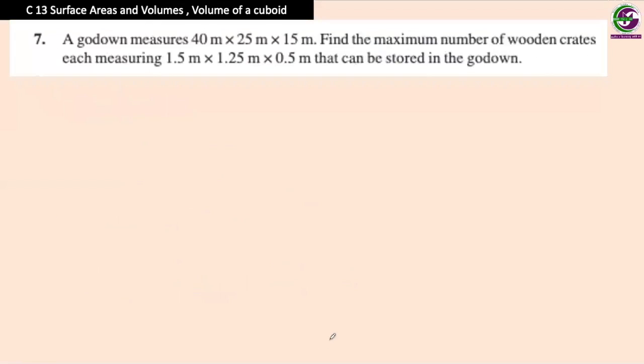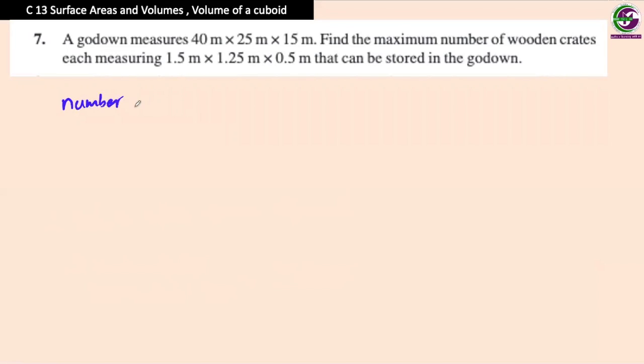Question 7. A godown measures 40 times 25 times 15 meters. Find the maximum number of wooden crates, each measuring 1.5, 1.25, and 0.5, that can be stored in the godown.